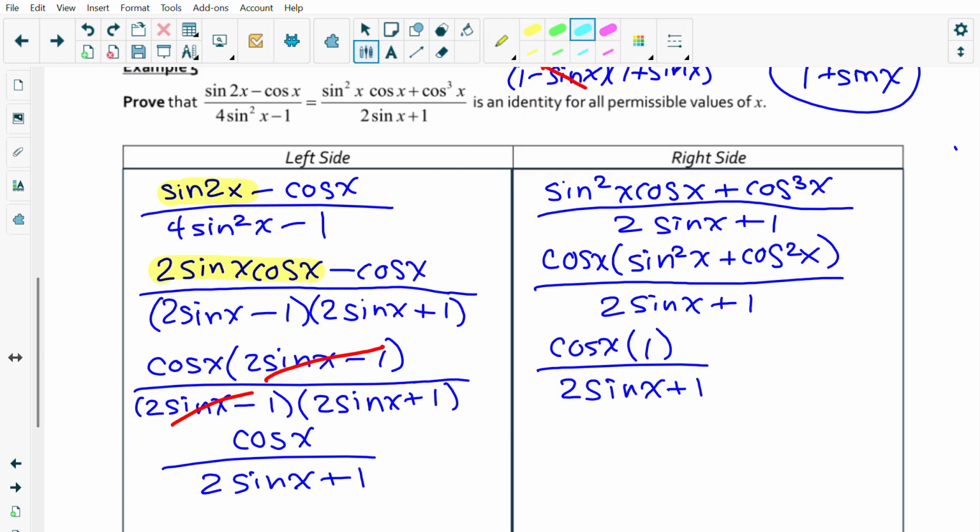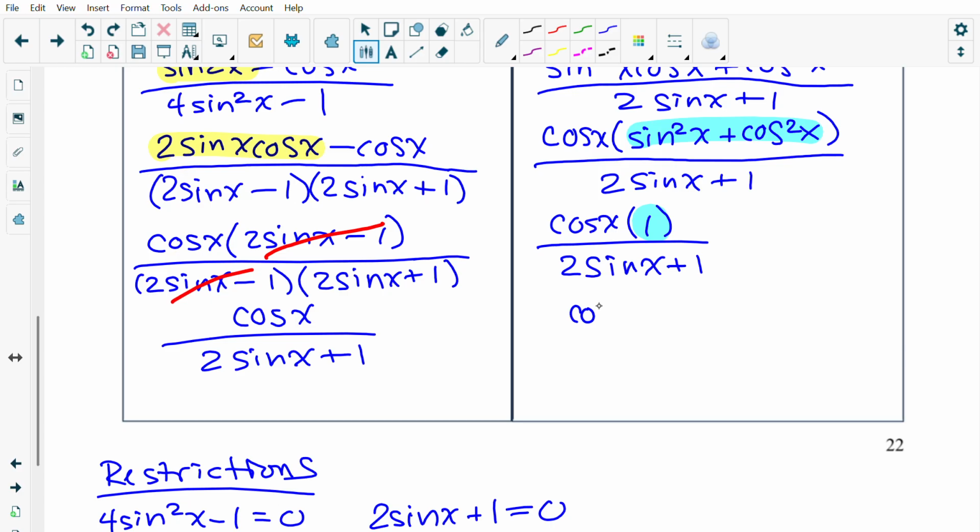And that brings us to cosine of x over 2 sine of x plus 1. And those two are equal.